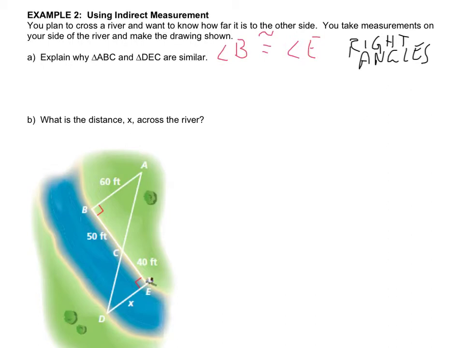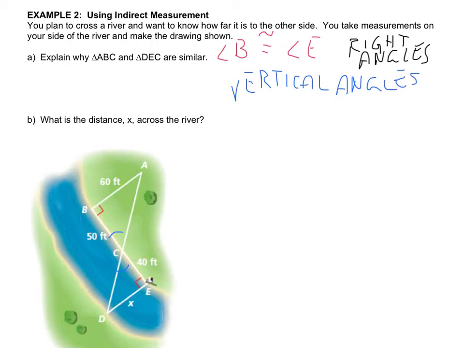Now, if I look at my drawing, we have two angles that are across from each other that are created by intersecting lines. Well, these two angles are also congruent, and they are congruent because of vertical angles, which we talked about in the last few sections with the parallel lines.